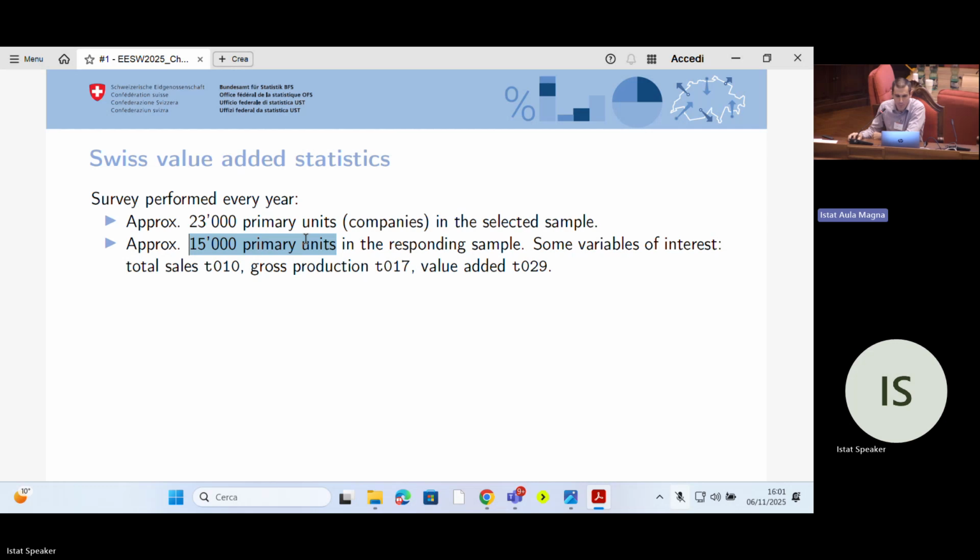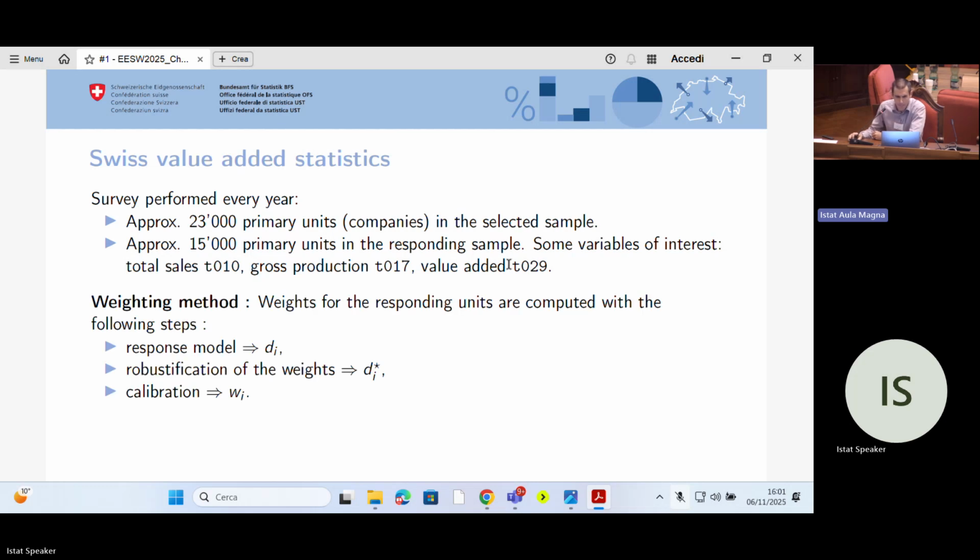A few of them respond to the survey, and they respond on some variables of interest. The most interesting variable of interest is the value added, the quantity of wealth produced by the company.